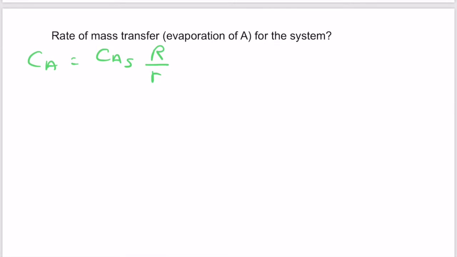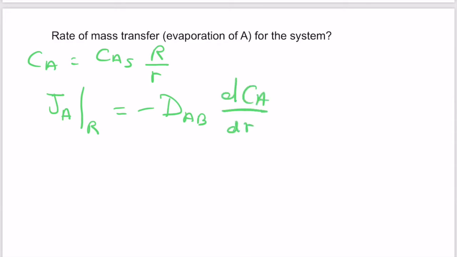The first thing we're going to do is find the flux at the surface, so that we can know at what rate this sphere is putting this material out into the gas. That is always equal to, you've got this memorized, minus the diffusivity times the gradient, at the surface.